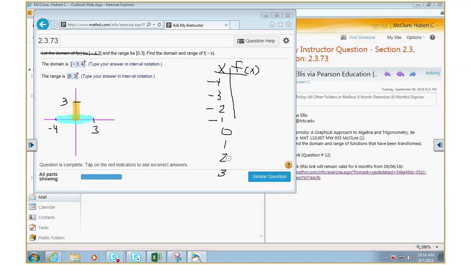Everybody agree with that? What does this mean? That means everywhere there's an x, you're going to plug in a what? Negative x. So that would make this what? Positive, positive, positive, positive, negative, negative, negative.